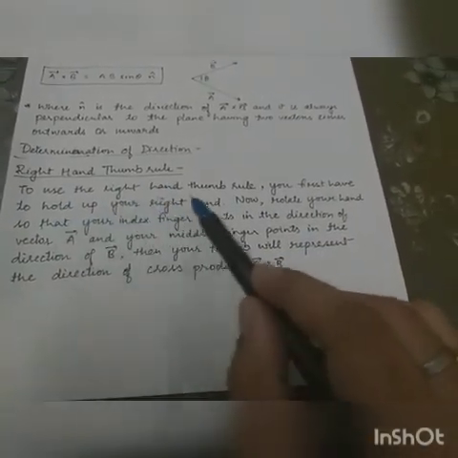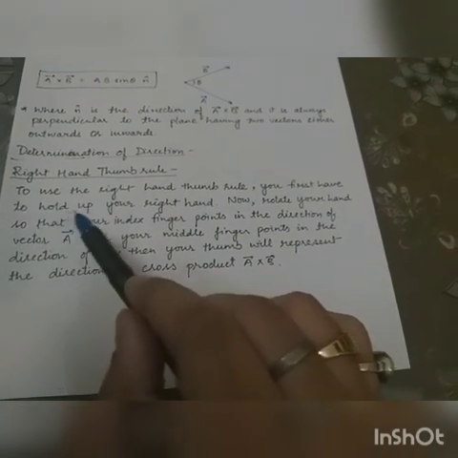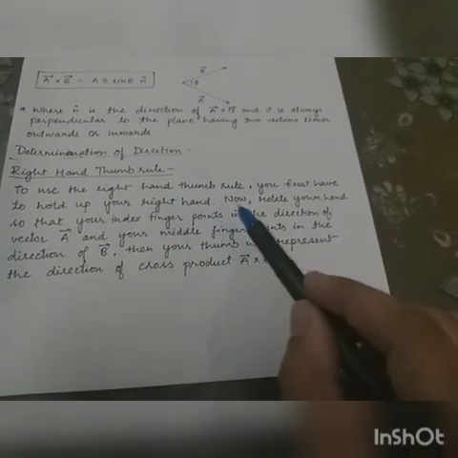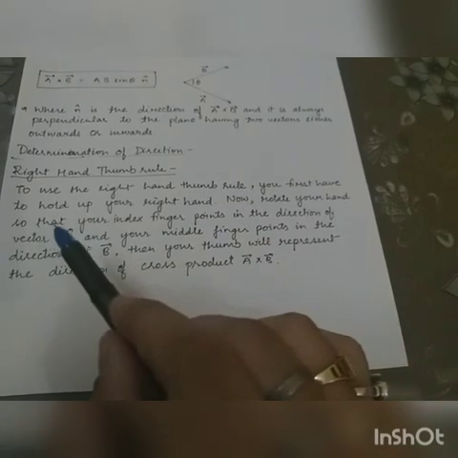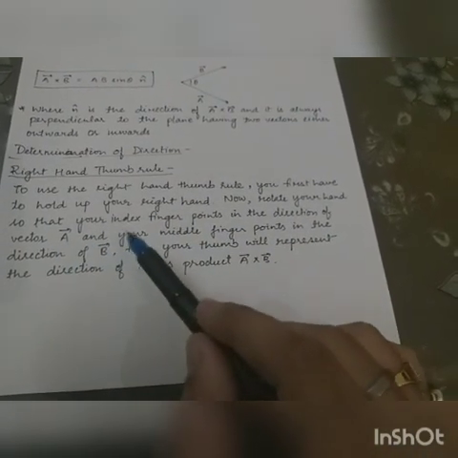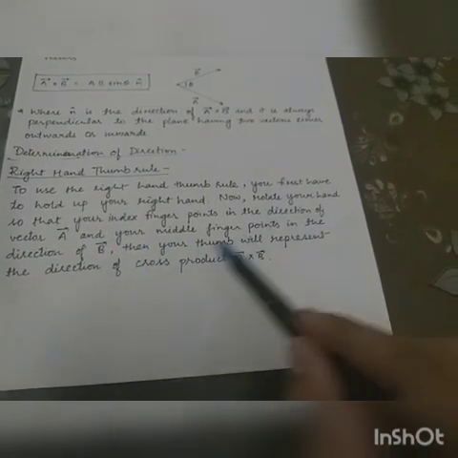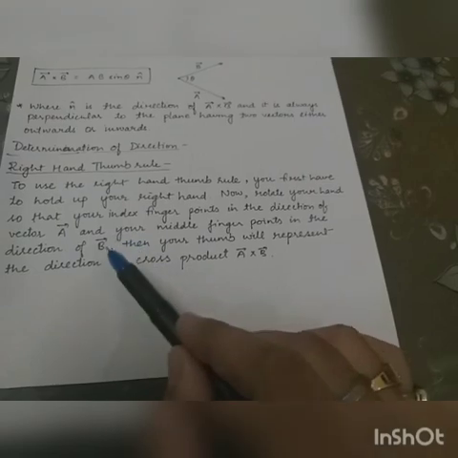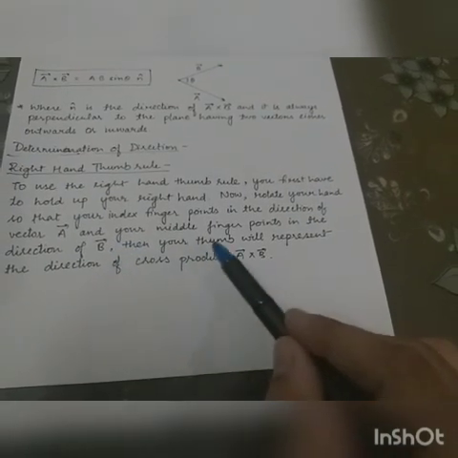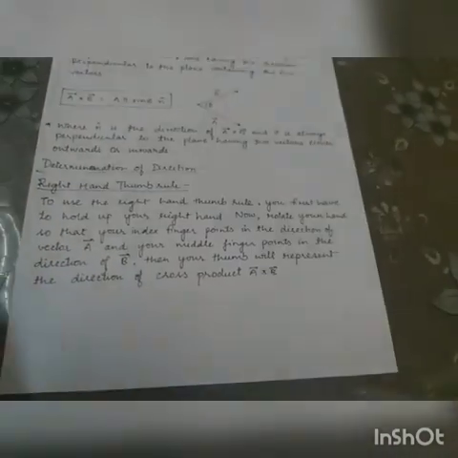To use the right hand thumb rule, you first have to hold up your right hand. Now rotate your hand so that your index finger points in the direction of vector A or first vector, and your middle finger points in the direction of B vector or second vector. Then your thumb will represent the direction of cross product A vector cross B vector.